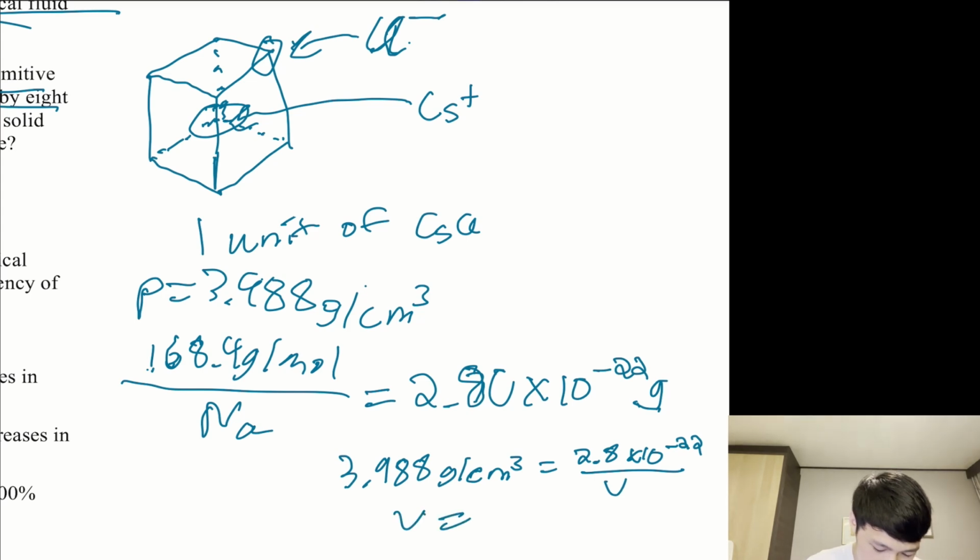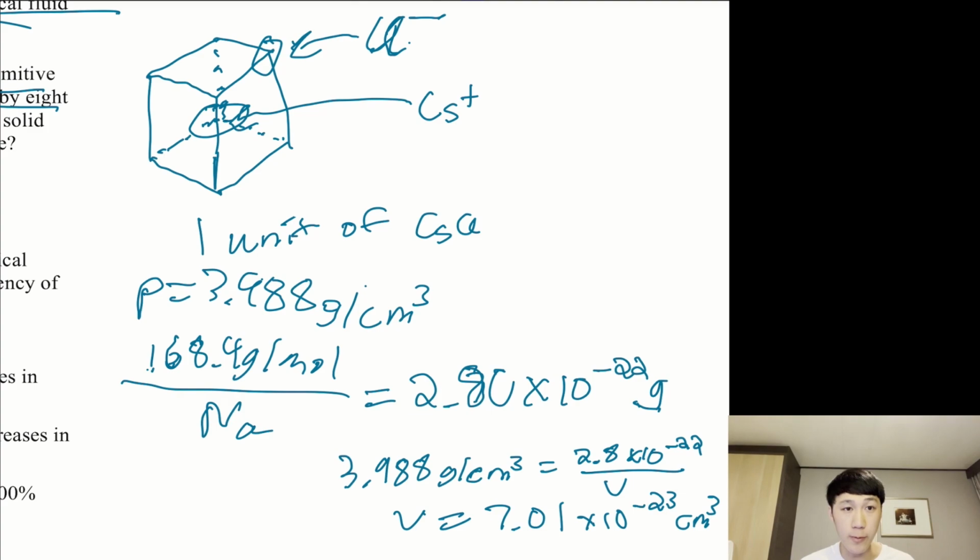If we solve for that, we divide by 3.988. That's going to give us a volume of 7.01 times 10 to the minus 23 centimeters cubed for 1 unit cell.